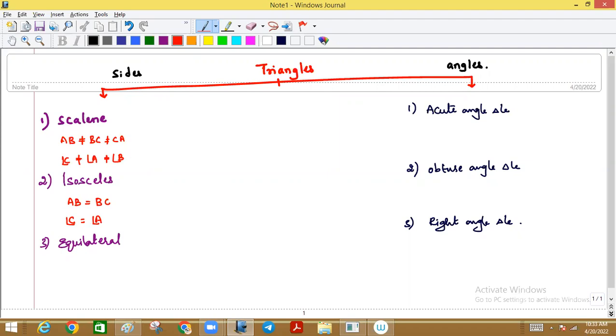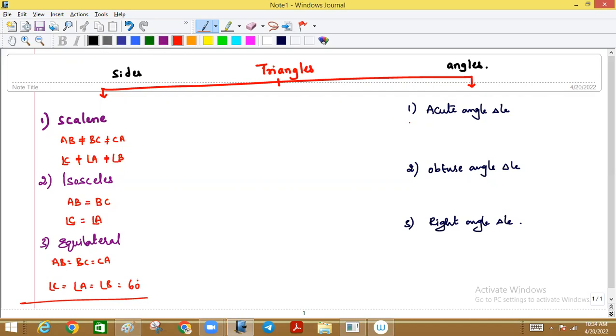Understood? Equilateral means all sides are equal. AB is equal to BC is equal to CA. Whereas angle C is equal to angle A is equal to angle B, which is equal to how many degrees? 60 degrees. Right. What do you mean by acute angle triangle?